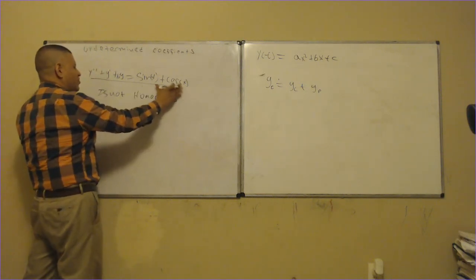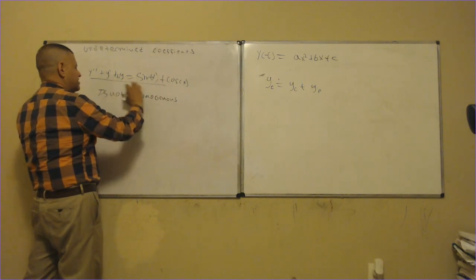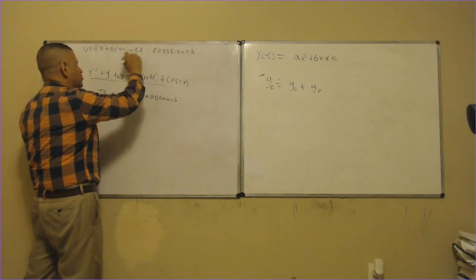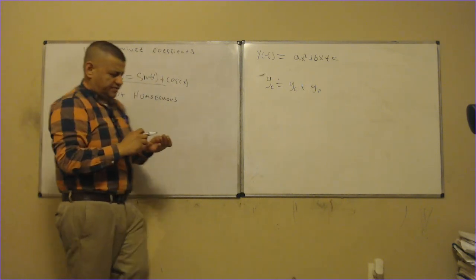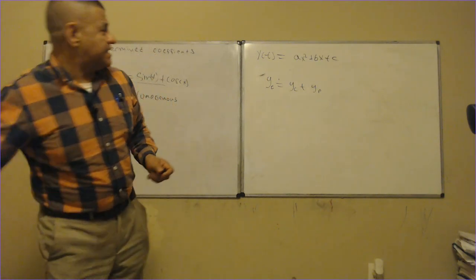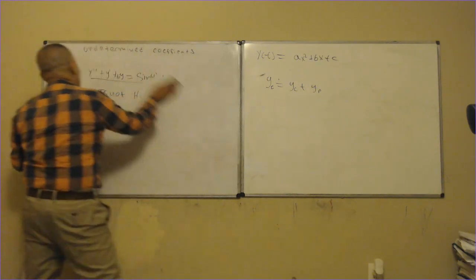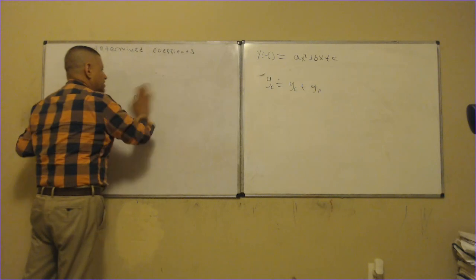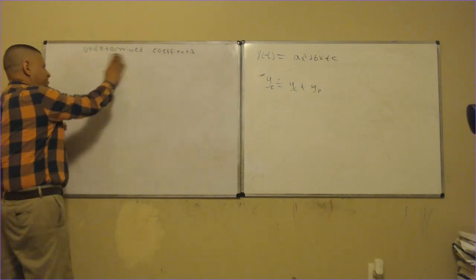So therefore we cannot use the straight method. We have to use the undetermined coefficients method, right? So that's the whole point of using undetermined coefficients.